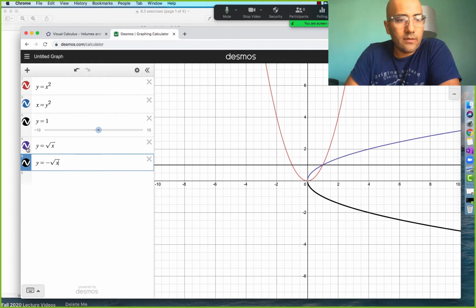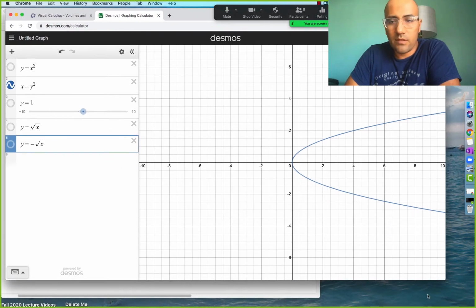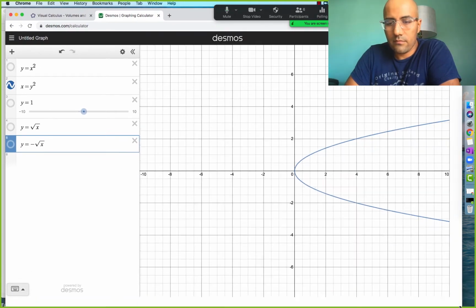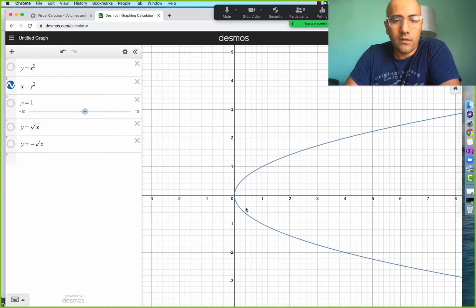And now this portion and this portion make up the blue one, right? I can turn that off, turn that off. So this blue function here, let me turn off the other ones just to focus on it. That blue one is x equals y squared, sort of a parabola on its side.